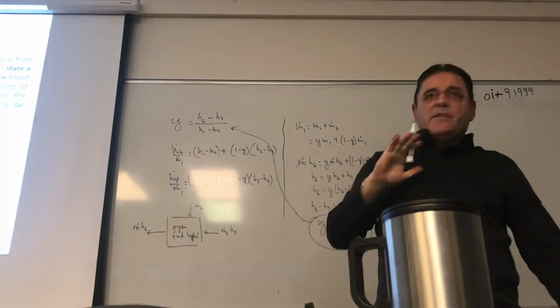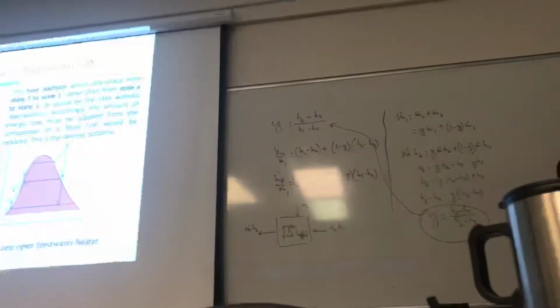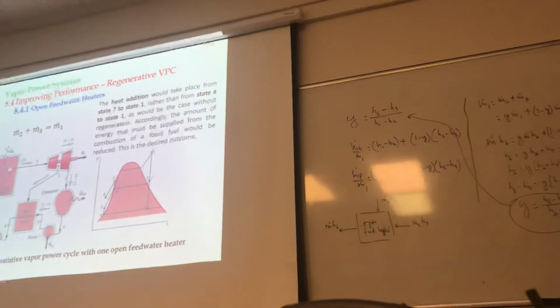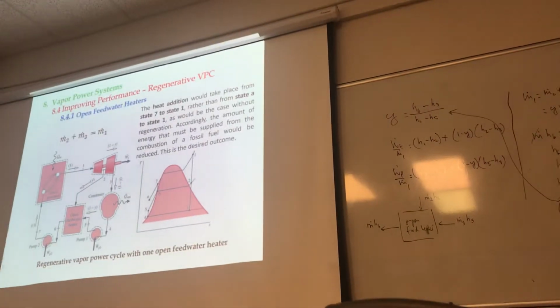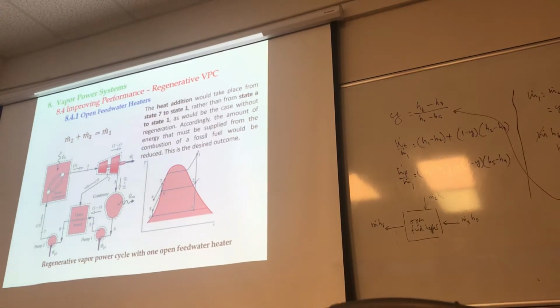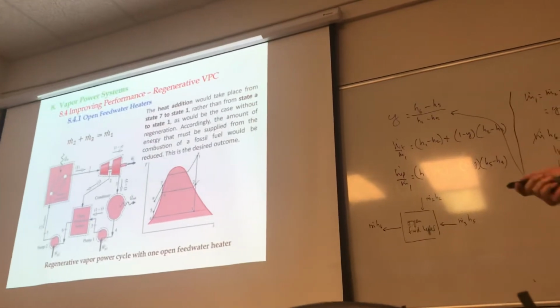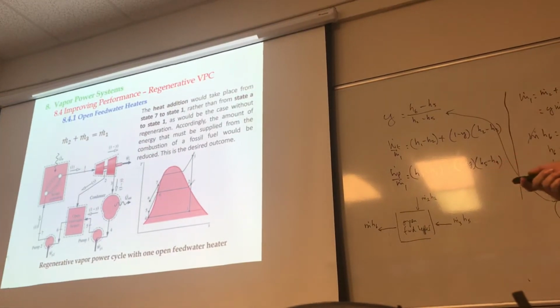That's just a side thing, just to show where that equation comes from. It's not just an equation that's given; there is a source to it. It's based on energy conservation through the open feed water heater. I'm not going to derive this or this, but I can show you how it looks.